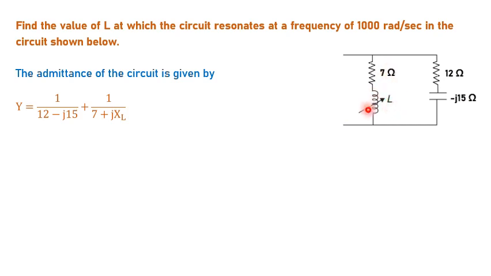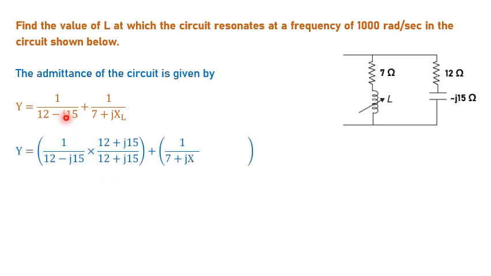The reactance is JXL. Now as usual, we need to separate the real term and imaginary term. So multiply and divide both terms by their conjugates. So it is multiplied and divided by 12 plus J15, and this term is multiplied and divided by 7 minus JXL.